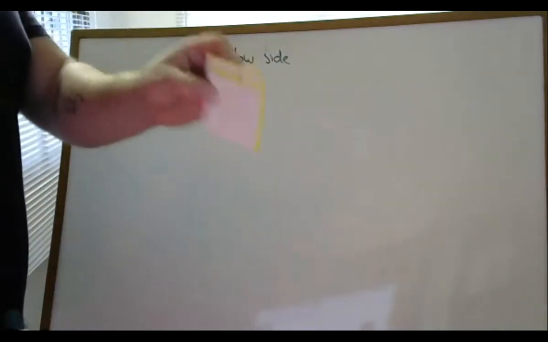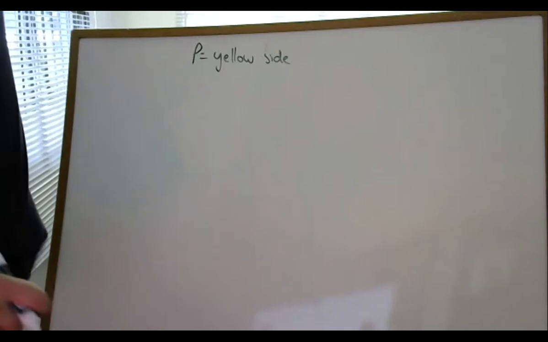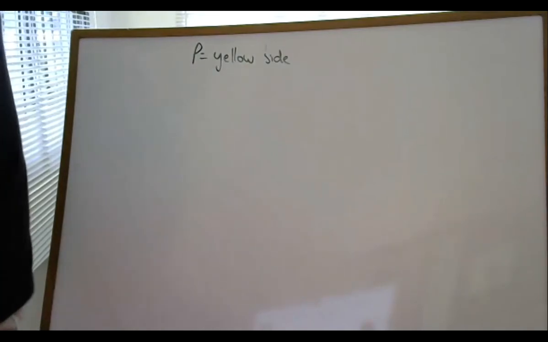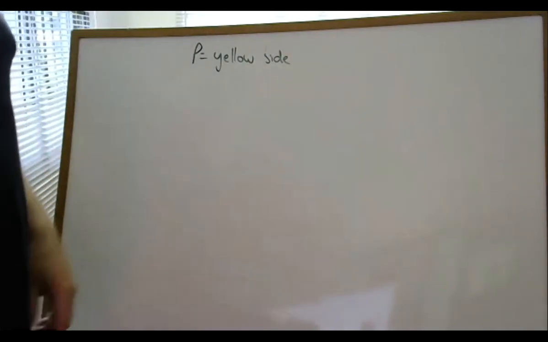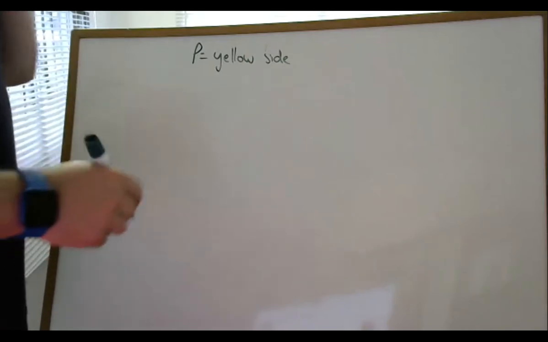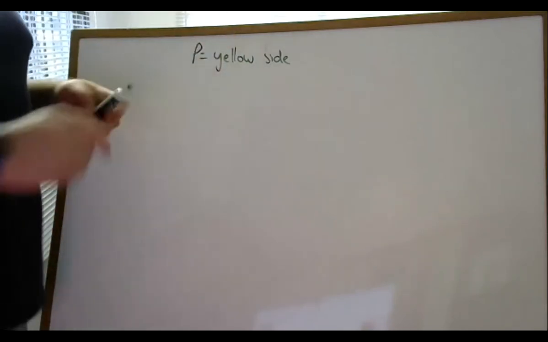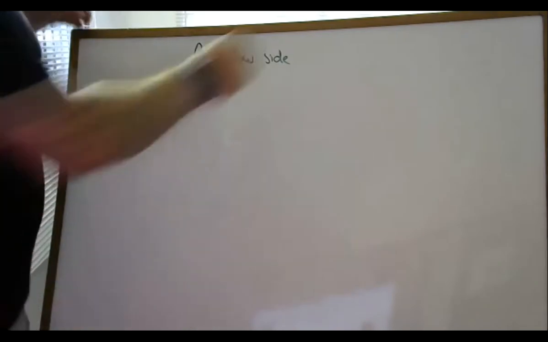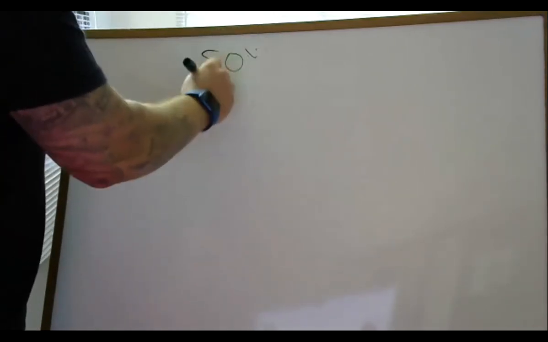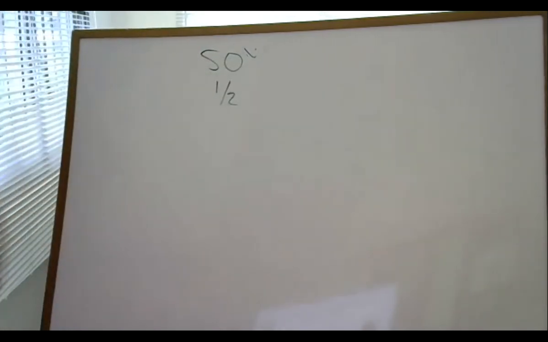It's a yellow and a white. Or heads or tails. If I have a coin, what's the probability that it lands heads or tails? 1 out of 2, any of the above.